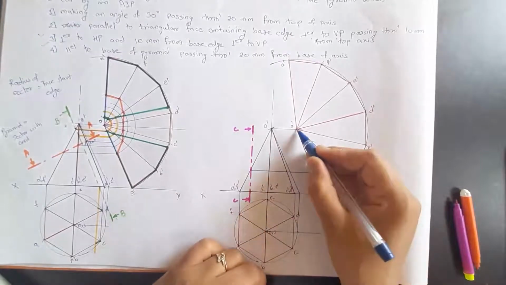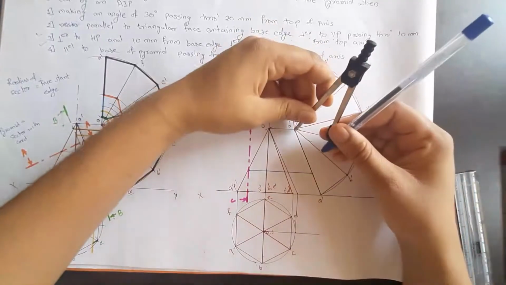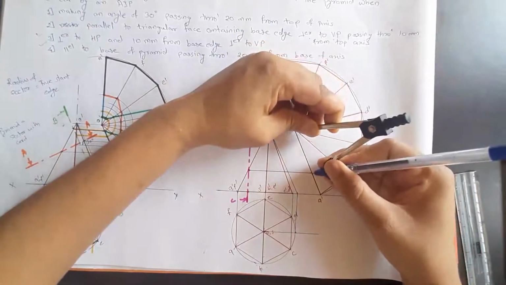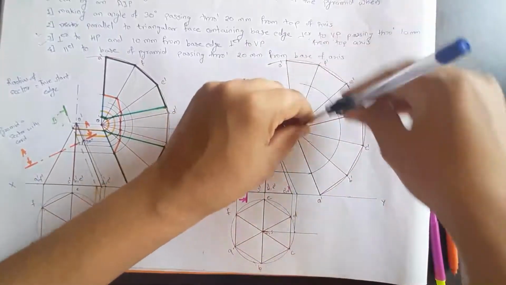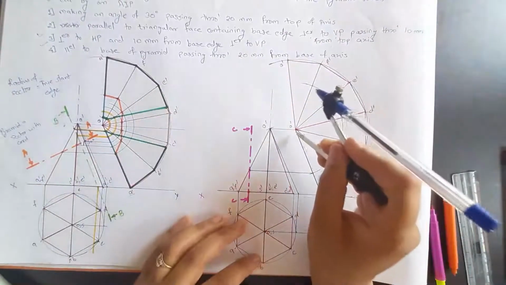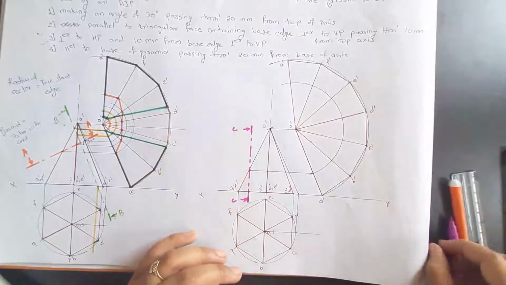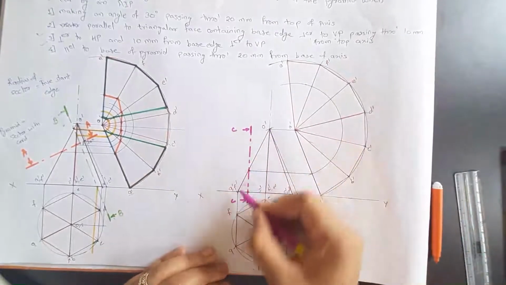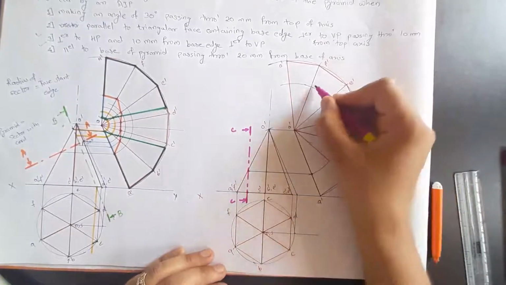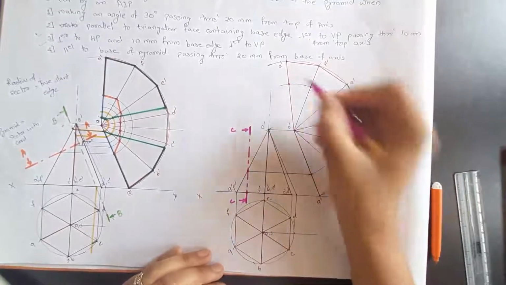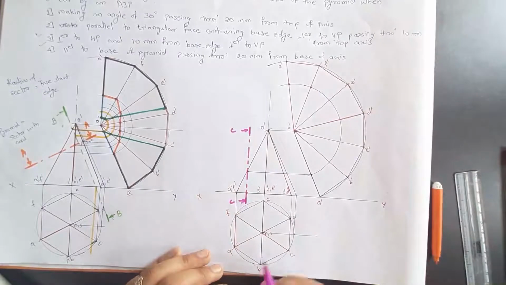Okay. Now measure this distance in a compass and draw the arc with O as a center, this much as radius. Let's draw the arc. Now this cutting plane is cutting O dash A dash and O dash F dash. So these are the points to join.